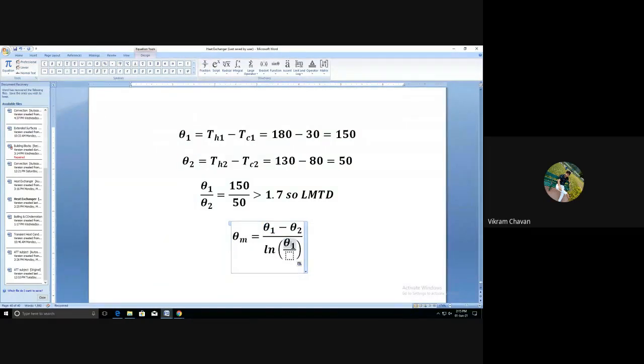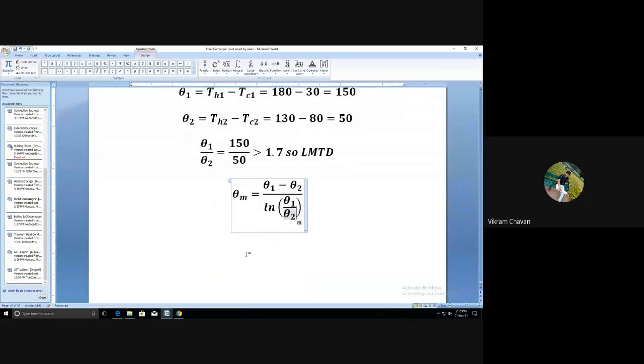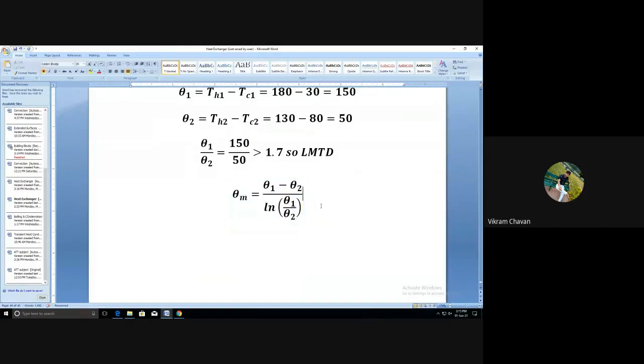So calculate theta m, everyone. Theta 1 is 150 minus theta 2 is 50, and ln of 150 divided by 50. Calculate theta m and let me know the value of the LMTD theta m. How much are you getting?